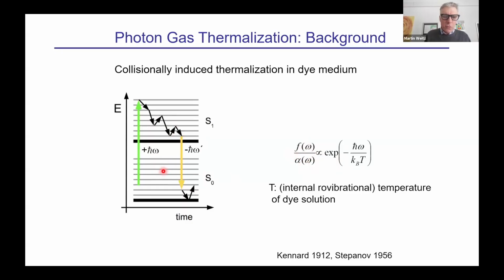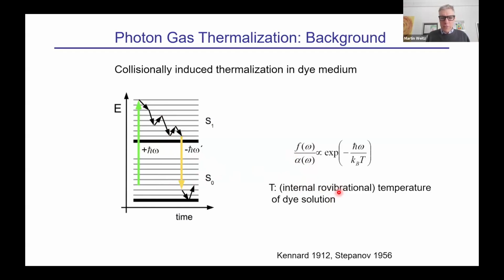You find that if you mathematically add up the corresponding excitation and emission amplitudes from each of the substates. Of course, it makes physical sense, as I've been mentioning. And the temperature that comes into play is the internal rovibrational temperature of the dye, which of course equals the kinetic temperature. And in our case, this is at room temperature.